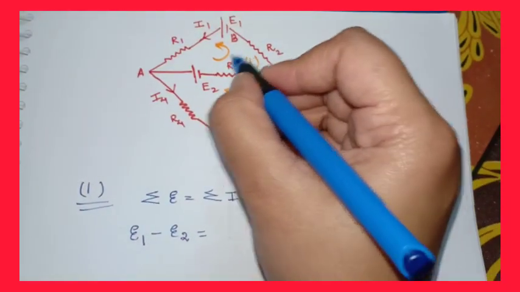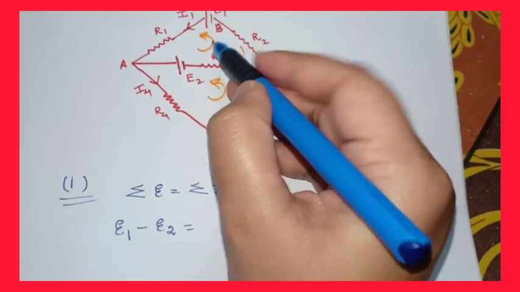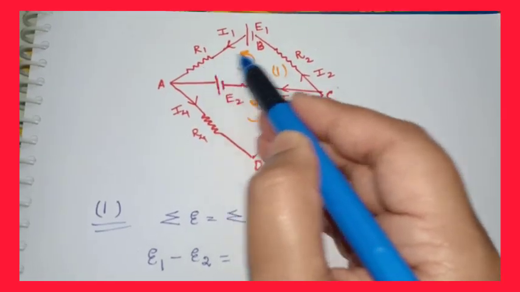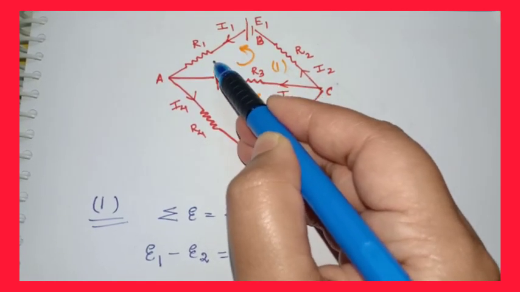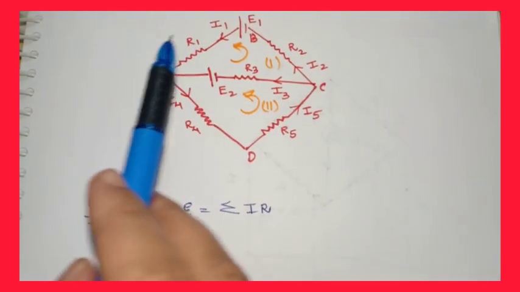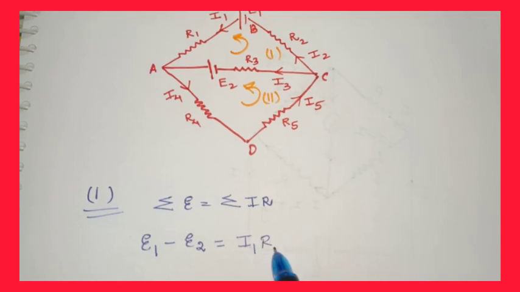Now if my direction is anticlockwise, and I take the direction of I1 R1, you can see, students, this direction and this direction are the same. I am going along this direction and the current is also going downwards. That means I1 R1 is also positive. So I am writing down I1 R1.